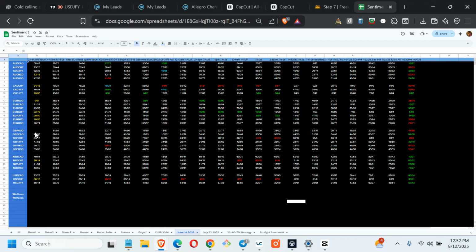Pairs like Euro USD, you would never see it go to an extreme, because it's so heavily traded. The lighter the pair is, or the lesser the volume, the more volatile it is, because the sentiment can be swayed to an extreme.